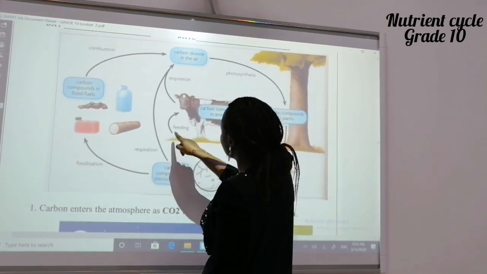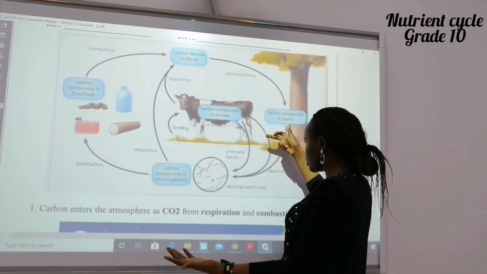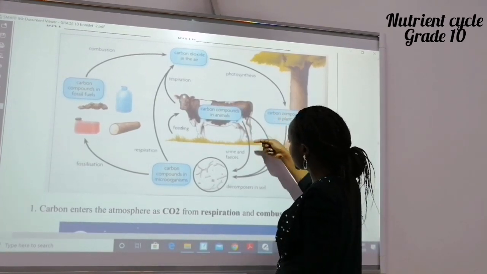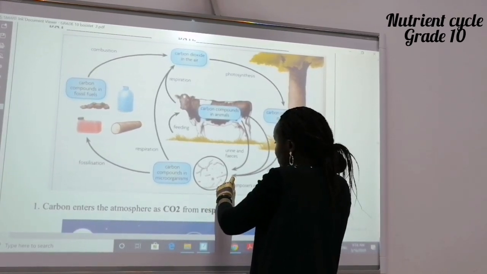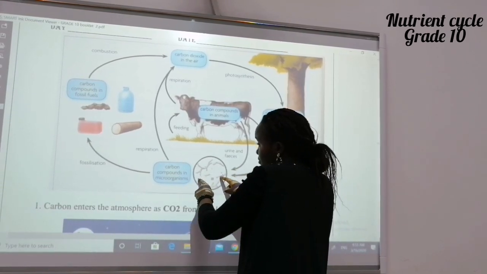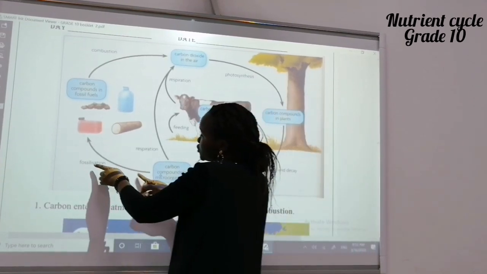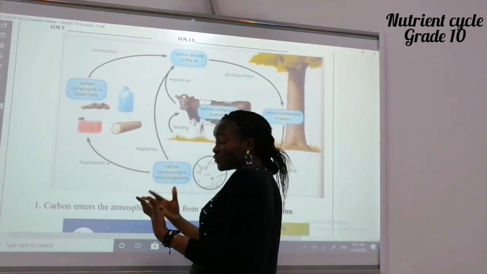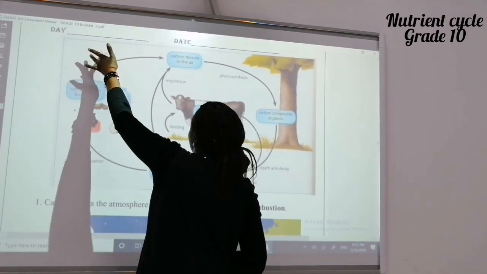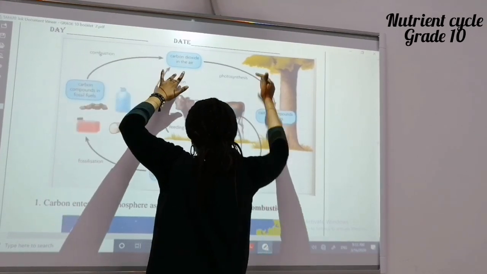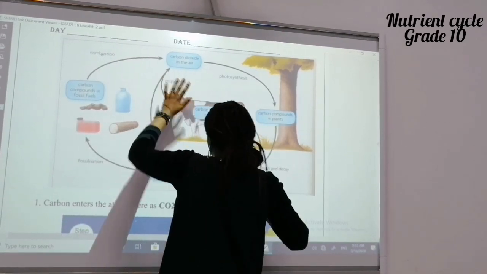The animals feed on the plant. The animals' urine and feces also contain carbon and go into the soil. The decomposers feed on them and release carbon compounds, and then we have fossilization, the production of fossil fuels. The fossil fuels go back in, and the process starts again: combustion, photosynthesis, respiration, decomposition.